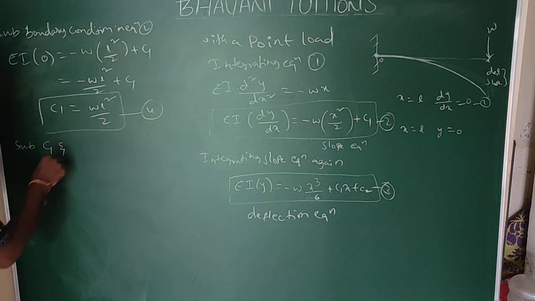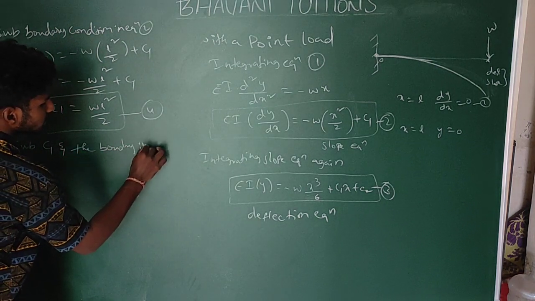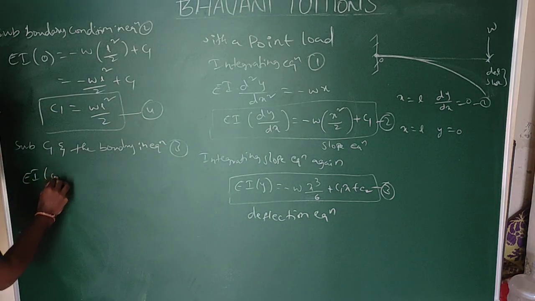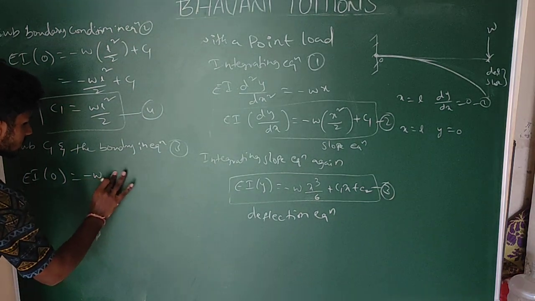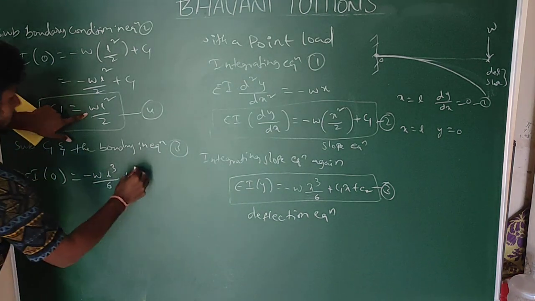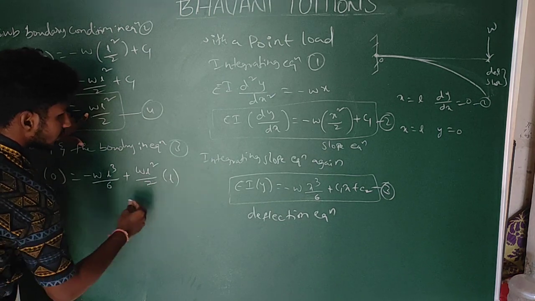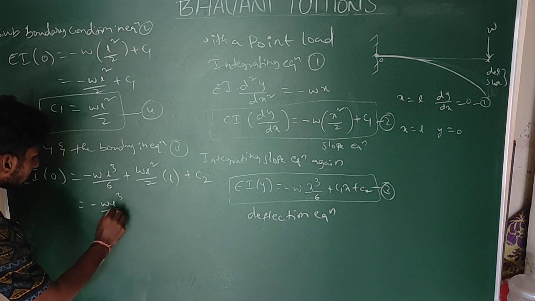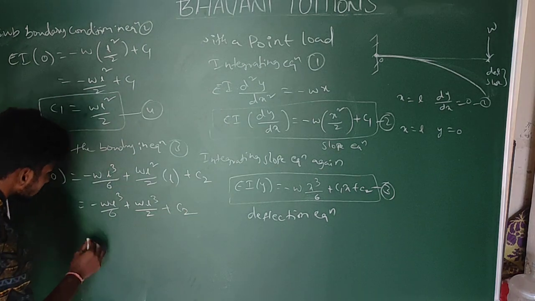Now substitute C1 and the boundary condition in equation 3. What will you get? EI into 0 is equal to minus W L cube by 6 plus, what is the C1 we got? W L square by 2 into L plus C2. So that is minus W L cube by 6 plus W L cube by 2 plus C2.